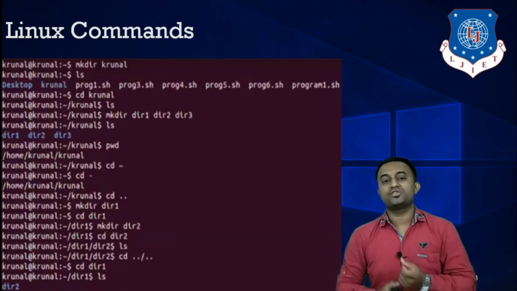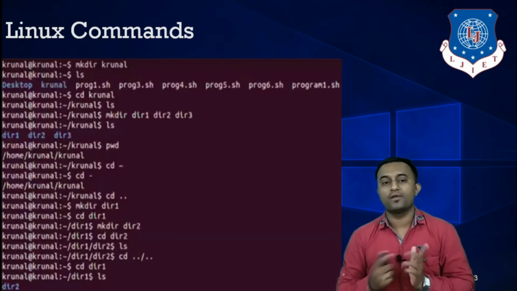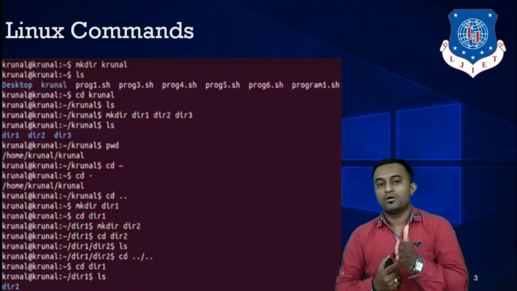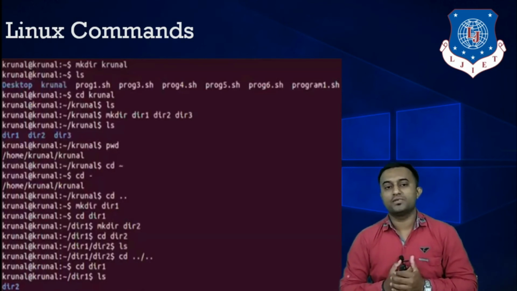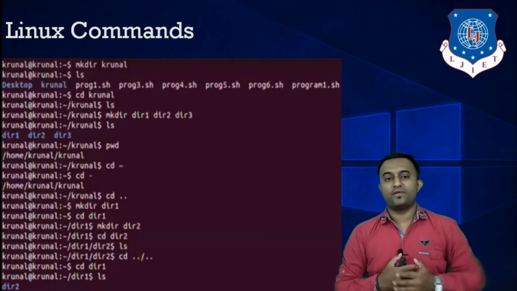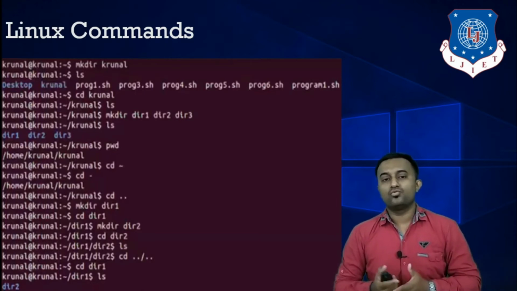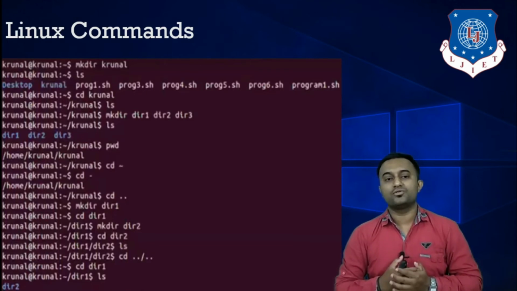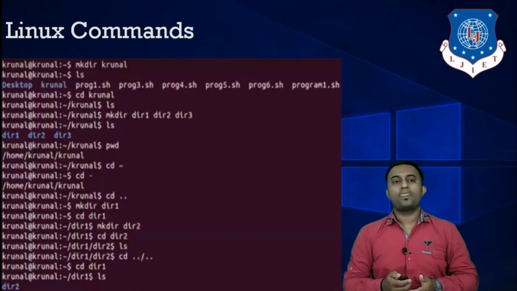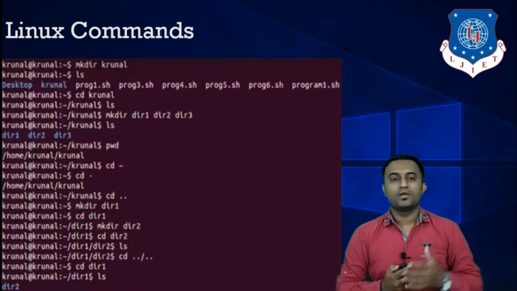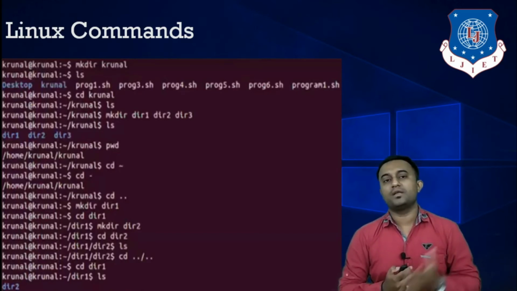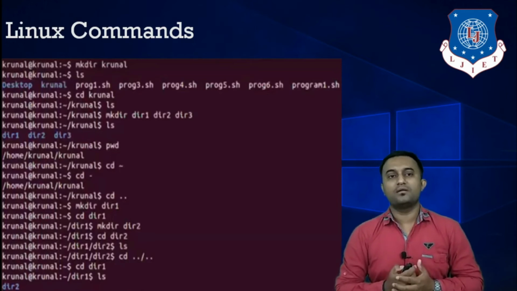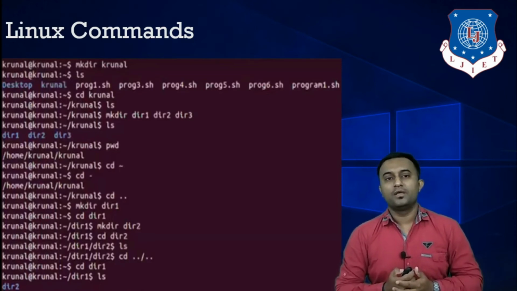This is the syntax through which you can go 2 levels up. Right now you can see directory 1 contains directory 2. So in this way you can use the cd command, and the mkdir command to create a directory. If you want to see the present working directory, we have the pwd command.